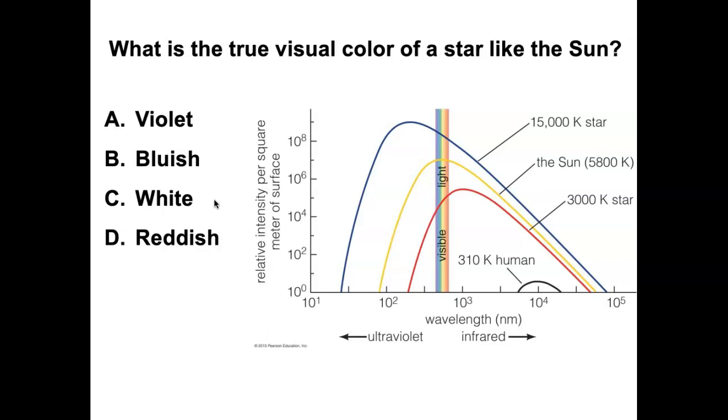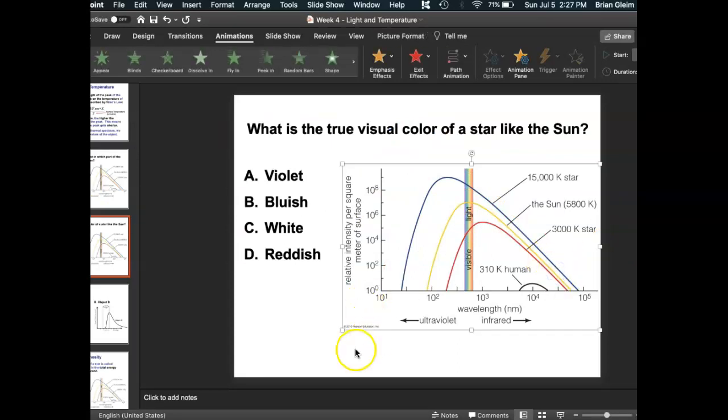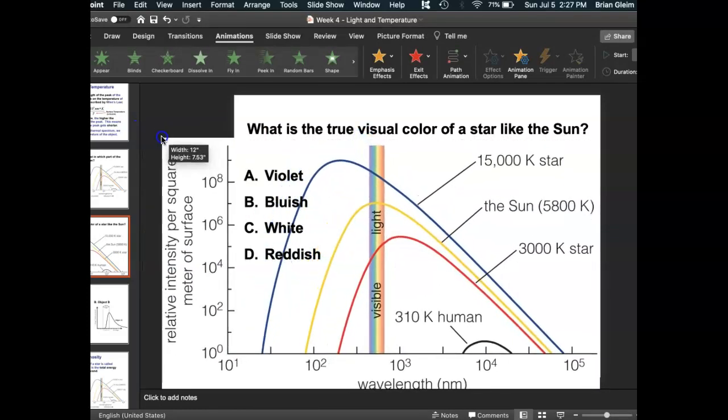Why does the sun look yellow? The answer is because there's something in between the sun and your eye: the atmosphere. The Earth's atmosphere scatters some of that sunlight. Let me zoom in here and be real basic about this.